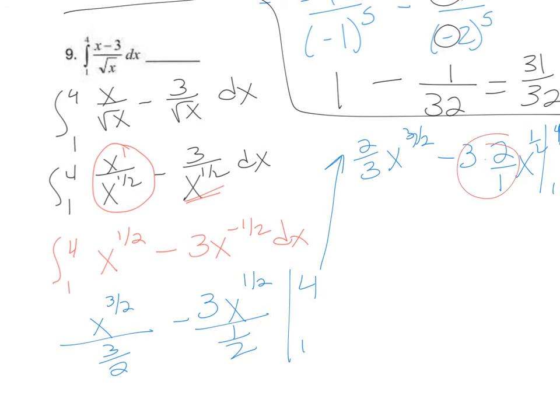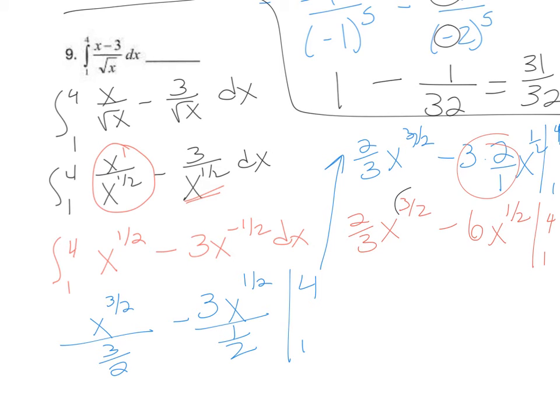And I can multiply the 3 and the 2. From 1 to 4. So now we can plug in 4 and plug in 1 and subtract, and you will get your answer.